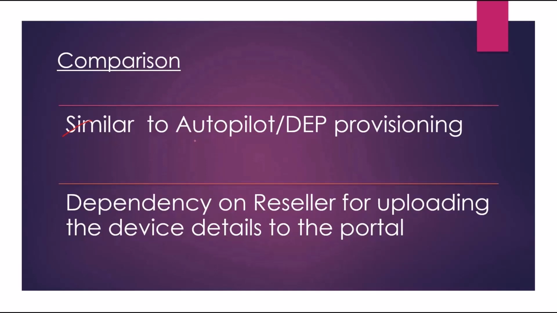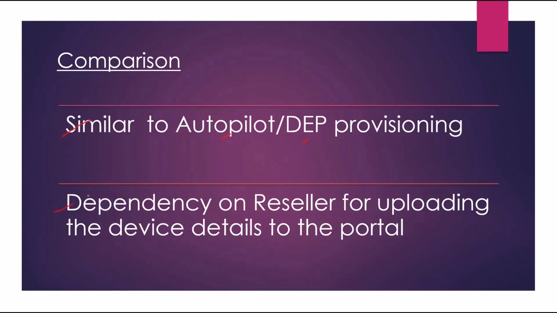Other than that, the other dependency is if you want to autopilot a device, all you have to do is go to the Azure portal, or Intune portal, and over there we can upload the hardware hash or serial number of the devices, right? And then the device knows that it is now a managed device, and whenever we power on the device it reaches out to the Autopilot service. The same thing happens with DEP as well. So we go to the DEP portal and we can ourselves upload the serial number of the DEP devices.